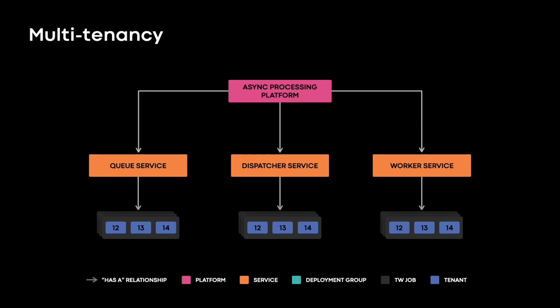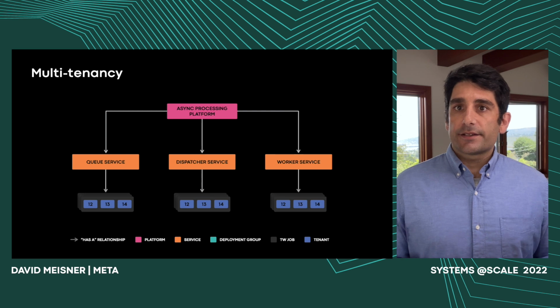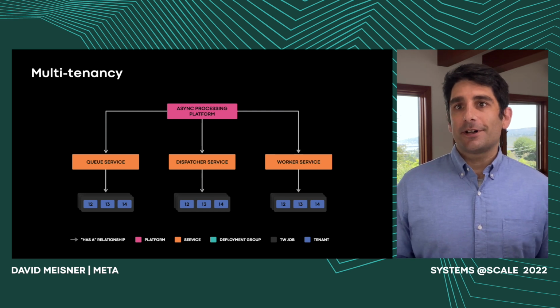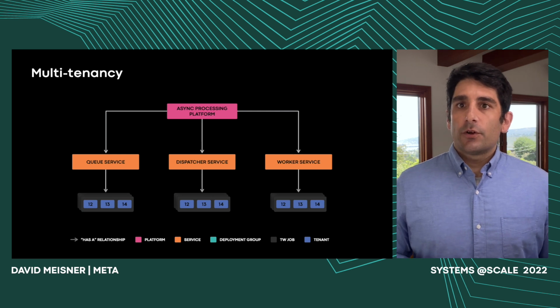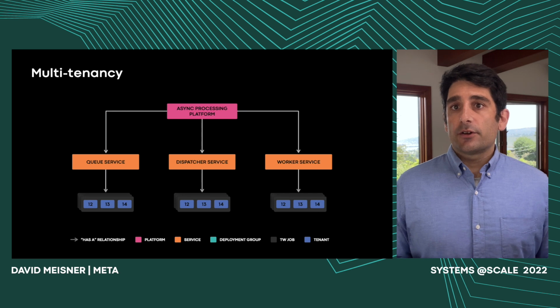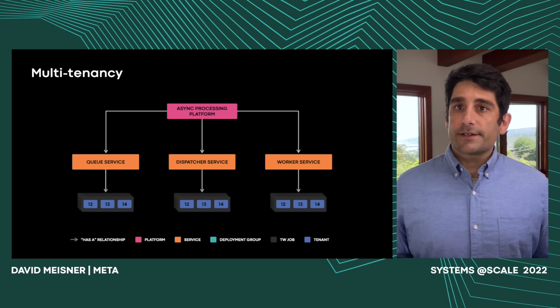As you can see, here we have different services that compose the platform, like the queue service, the dispatcher service, and the worker service, that together coordinate this overall platform functionality. Tenants exist in each of these services, and I've used numbers to identify them as tenant 12, 13, and 14. What's really important here is that the tenant identification not only exists within a service, but across services.